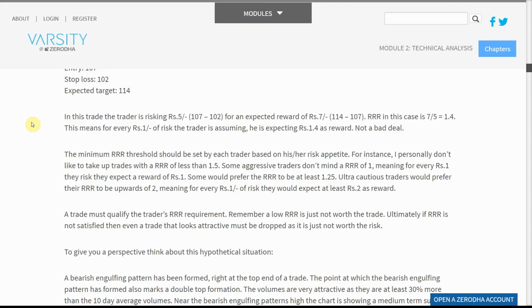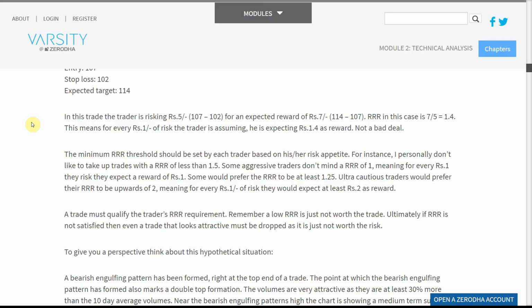The minimum RRR threshold should be set by each trader based on his/her risk appetite. For instance, I personally don't like to take up trades with a RRR of less than 1.5. Some aggressive traders don't mind a RRR of 1, meaning for every 1 rupee they risk they expect a reward of 1 rupee. Some would prefer the RRR to be at least 1.25.